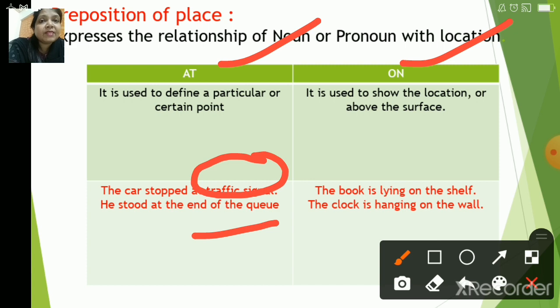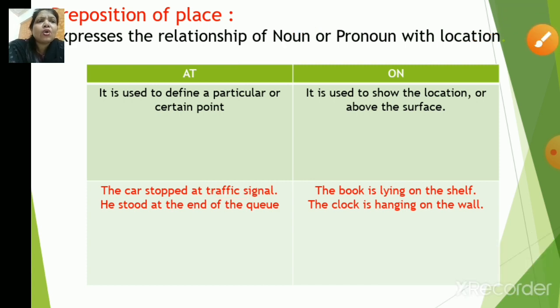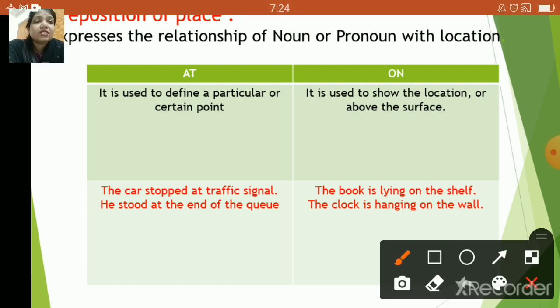Now let us talk something about on. It is used to show the location or about the surface. For example, the book is lying on the shelf. Okay, now for example, children, if this is a shelf, it is shown that the book is lying on the shelf.